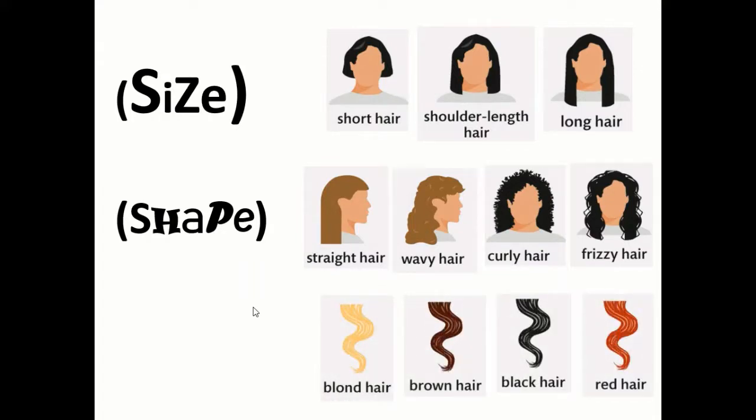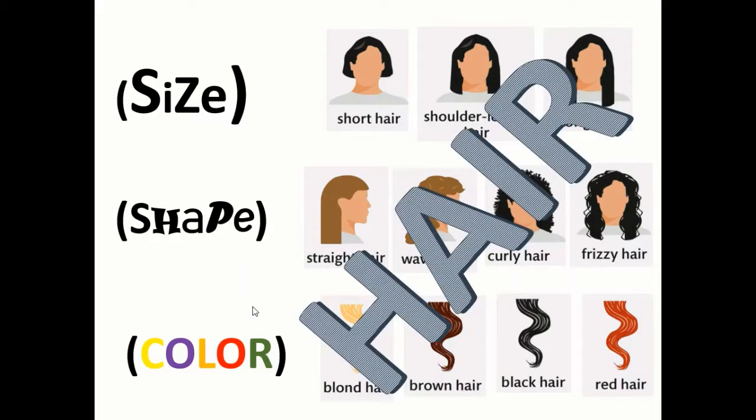Now, blonde, brown, black, and red are adjectives to describe the color of the hair. Quite a bunch of vocabulary, huh? Well, these are just to describe the hair.